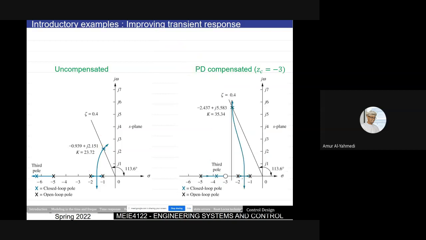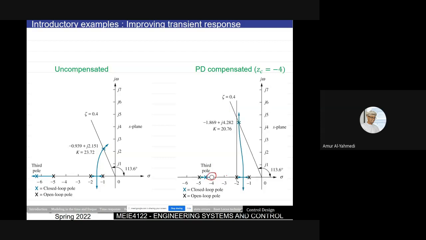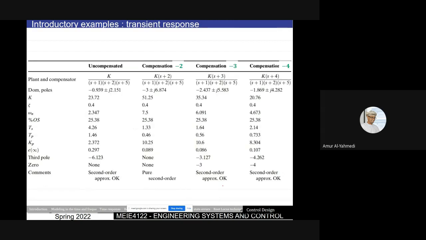So here, if I put it at -3 instead of -2, I will get it this way. The root locus will change. It will be like this. If I put the 0 at -4, then my root locus again will pass through the point. So I'll be able to make these changes by changing the position of my 0: -2, -3, -4.